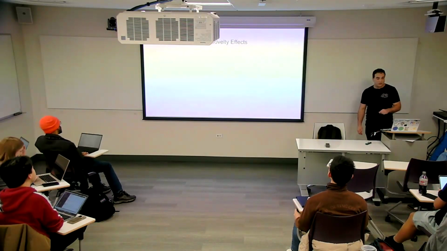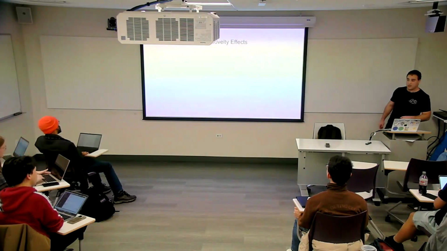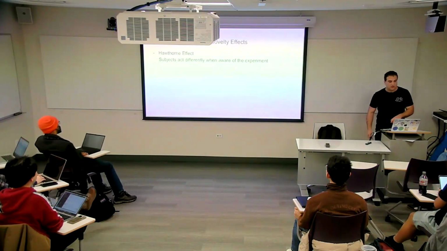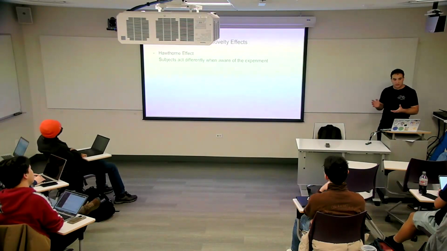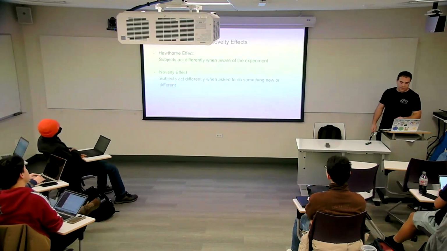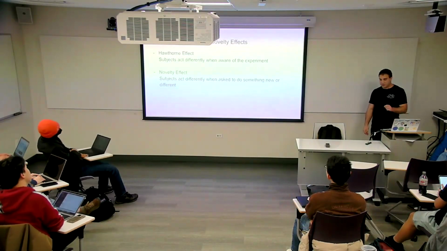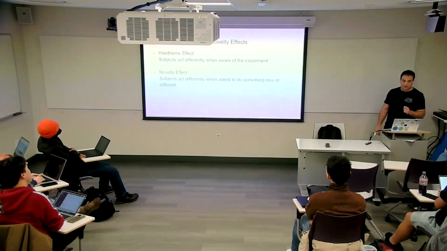The Sobel paper also did not consider the Hawthorne and novelty effects. The Hawthorne effect is when subjects act differently when they're aware they're in an experiment. And a novelty effect is when subjects act differently when asked to do something new or different.